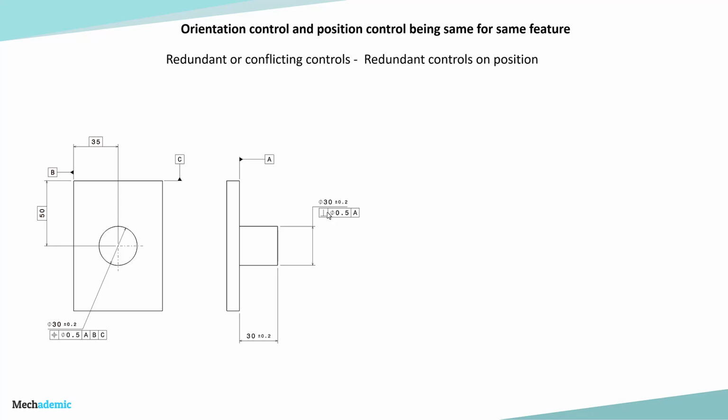Instead, if we want to control the perpendicularity, we need to refine the control of perpendicularity for the same feature. So this is a wrong way of controlling this pin.